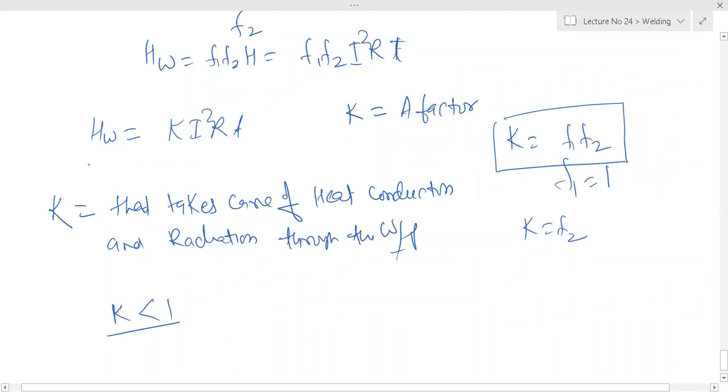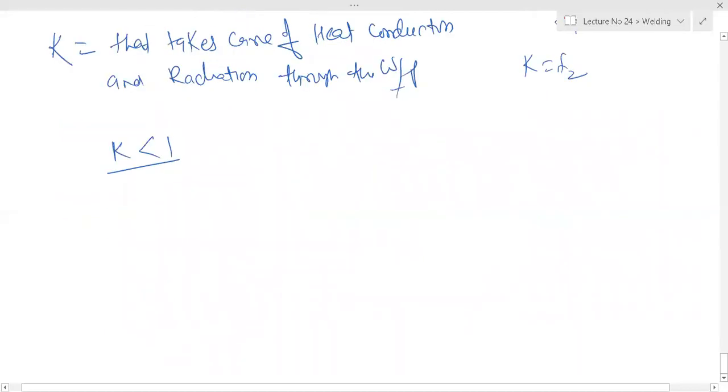Because K value is always less than 1, right? So K will generally be given in your problem. Or we can say K is your thermal efficiency, because it is multiplication F1 F2, or we have combined them, because there is no significance of F1 here.